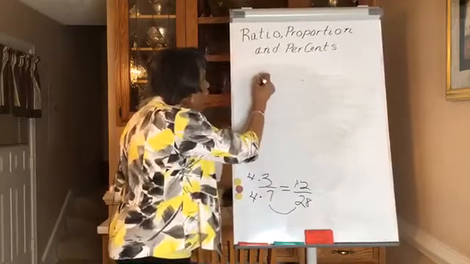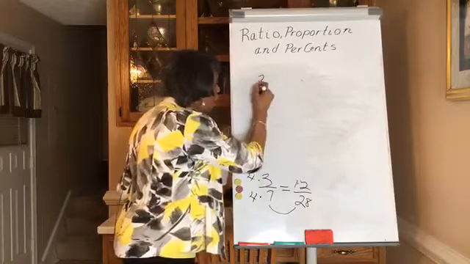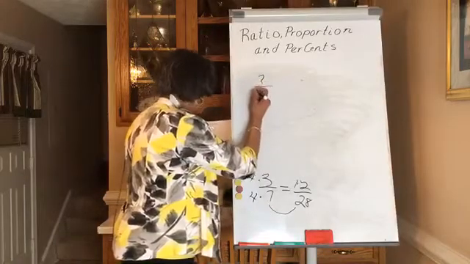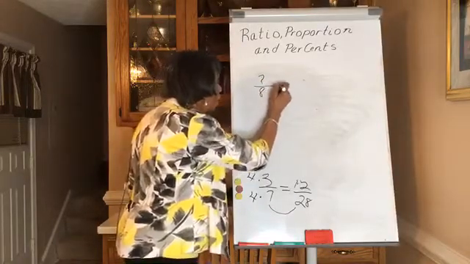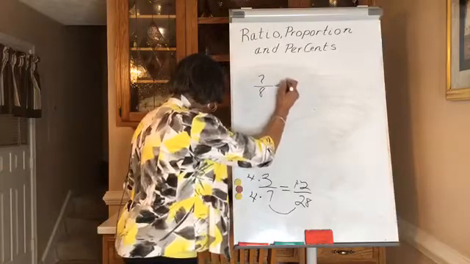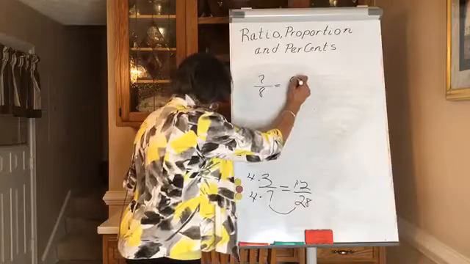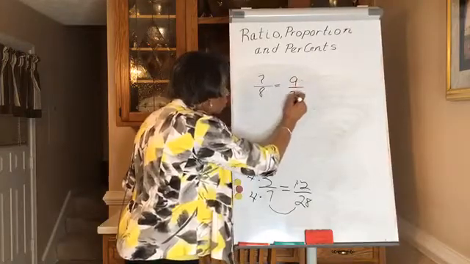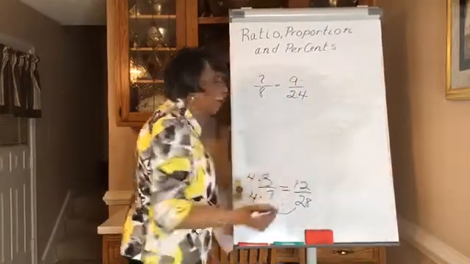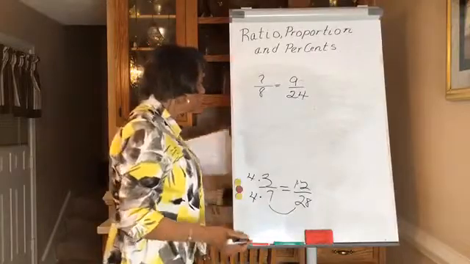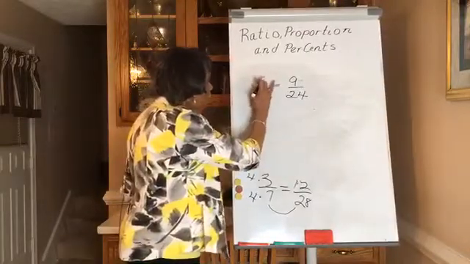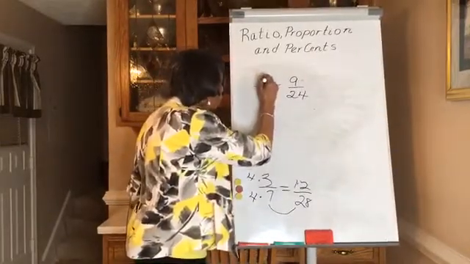And this is so easy. Question mark over 8 equals 9 over 24. So you can find any part of it if you understand. So we're looking for the missing one.